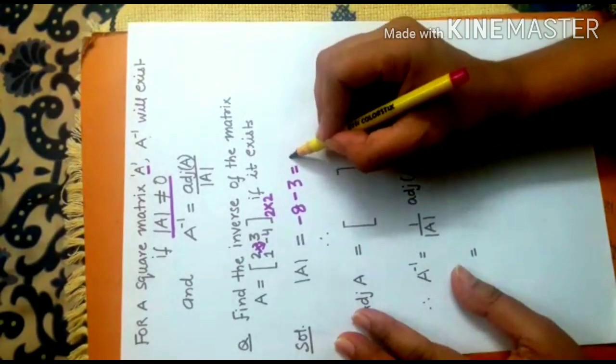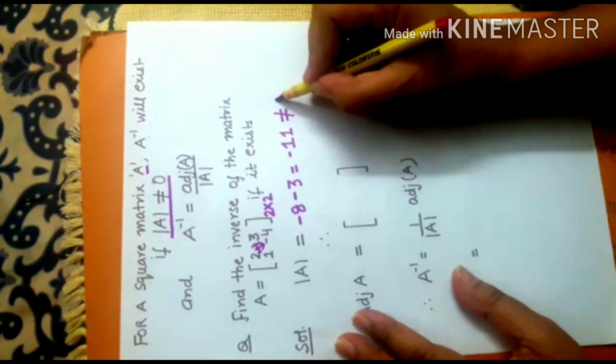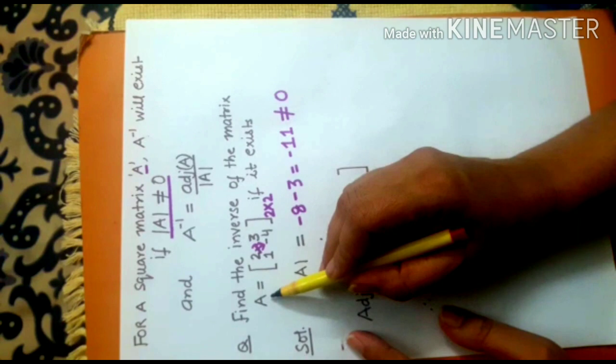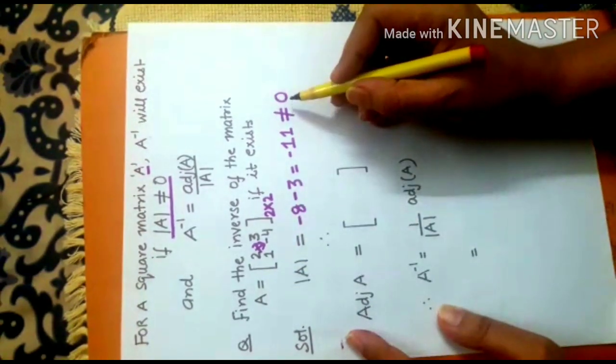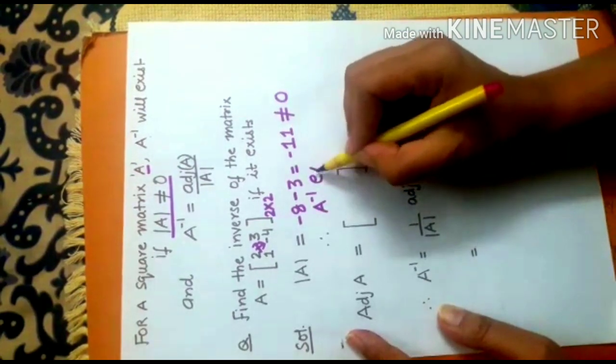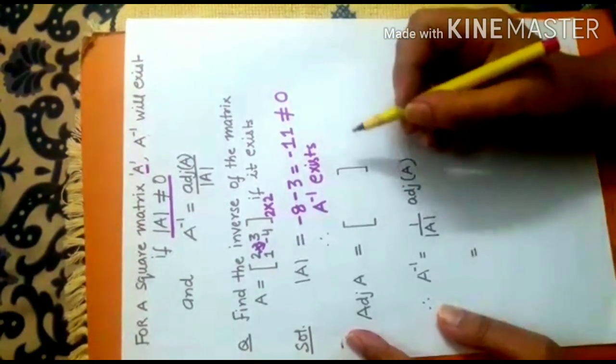So it's -11, which is not equal to 0. Now as determinant of this matrix A is not equal to 0, therefore A inverse exists.